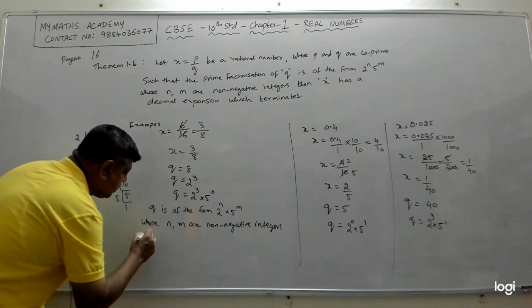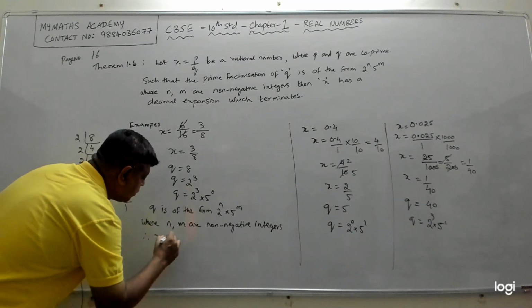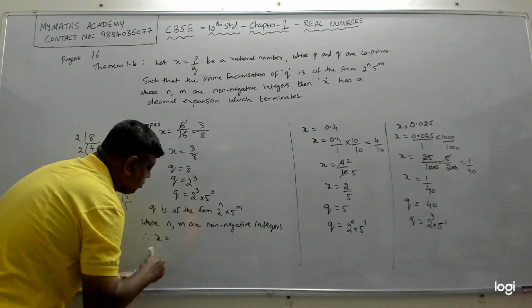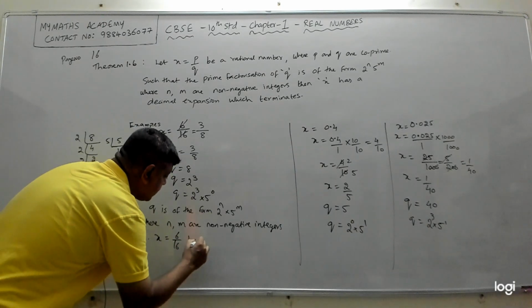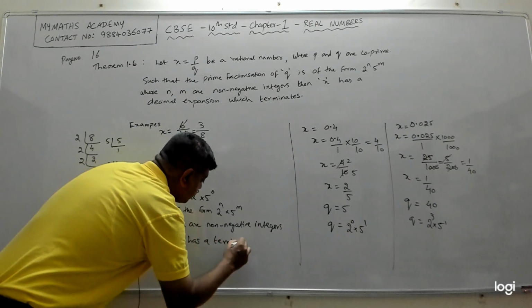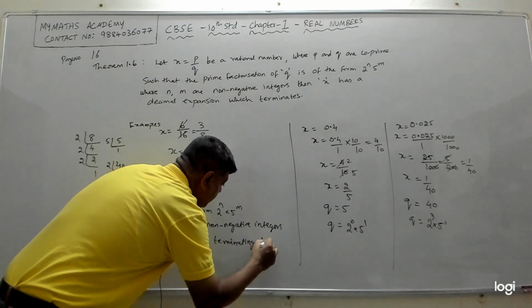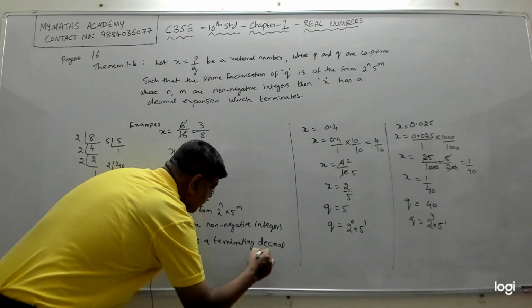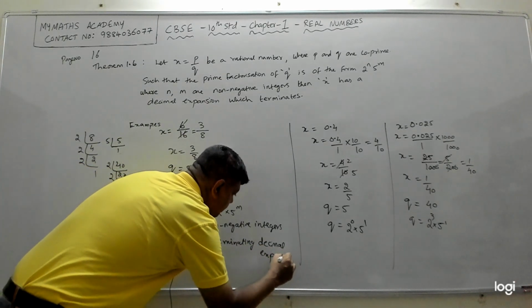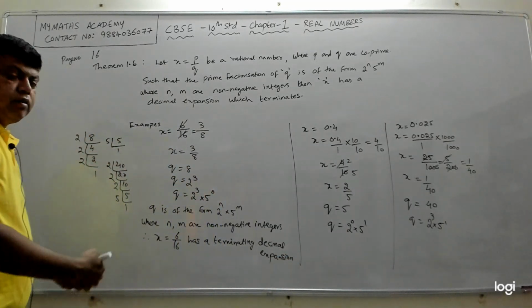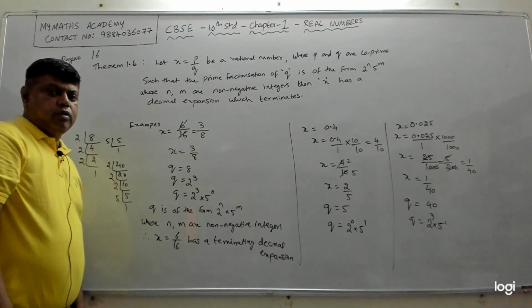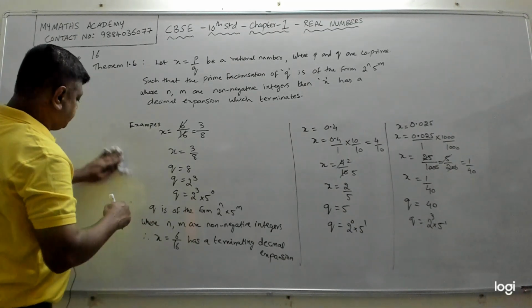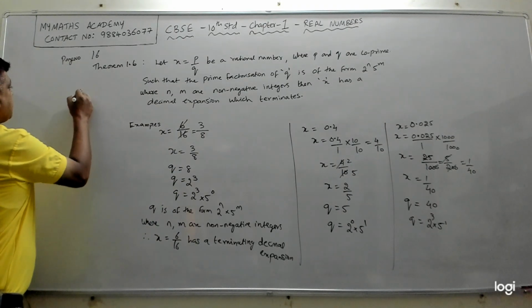So therefore we can say x equal to 6 by 16 has a terminating decimal expansion. Which means if you convert 6 by 16 into decimal by normal division, if I simplify, I get 3 by 8.